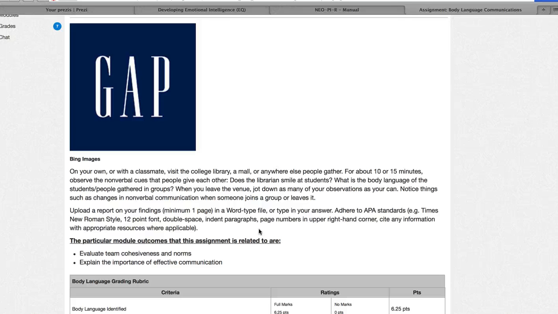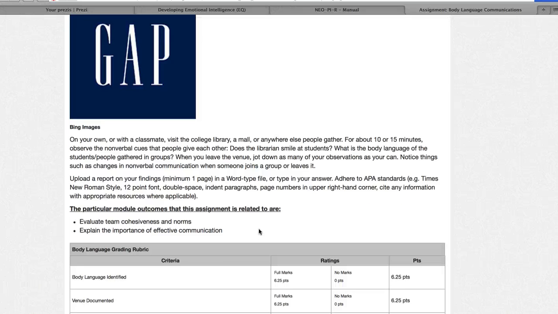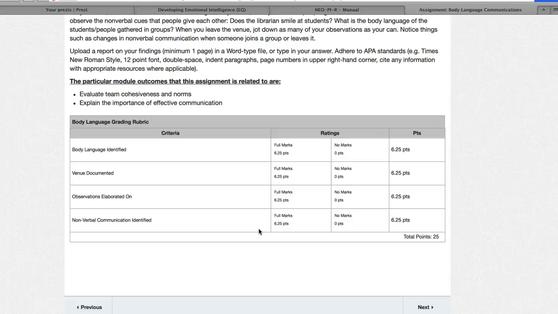If you do fuse in any type of outside resource, a website, the textbook, anything like that, you want to cite that and document it in your paragraph in parentheses. Okay, and this grading rubric is automatically coming up, so you want to look at it. This is a little bit different grading rubric and how you're going to be graded. So take a look at that grading rubric, okay?